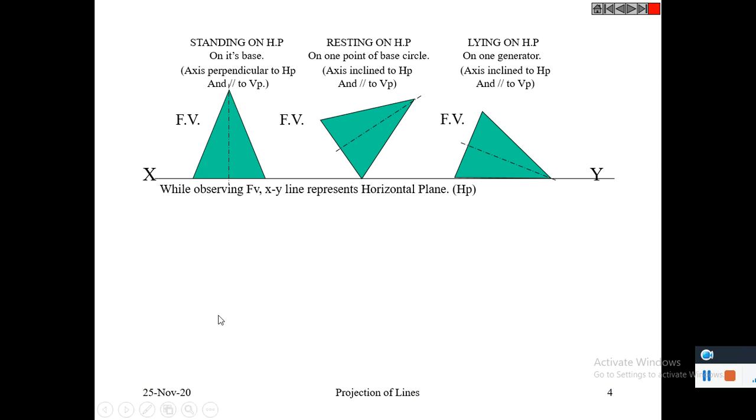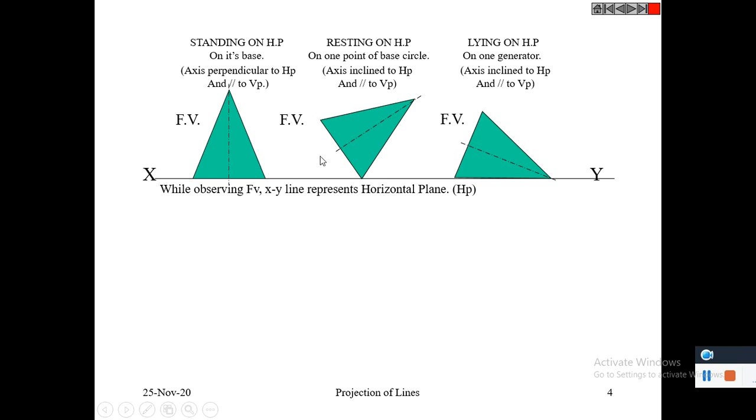So these are three cases of a triangular prism or pyramid resting. The first one is standing on HP on its base, with its axis perpendicular to HP and parallel to VP.